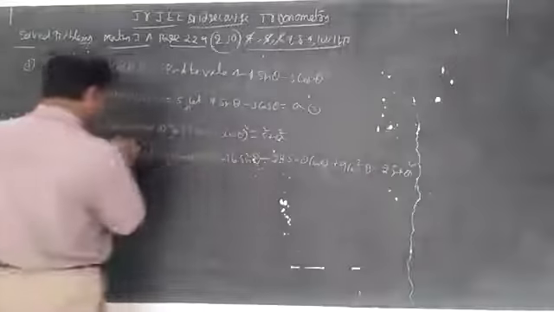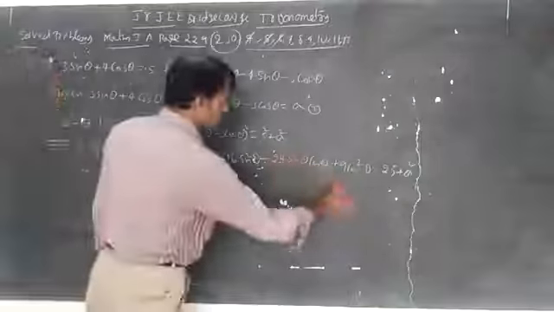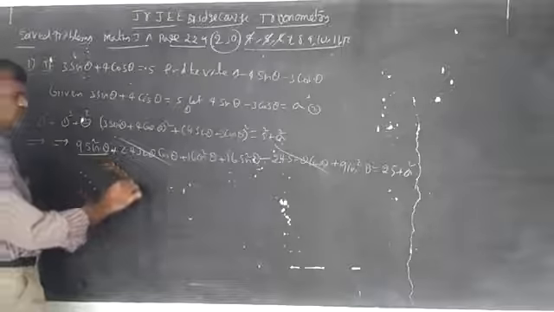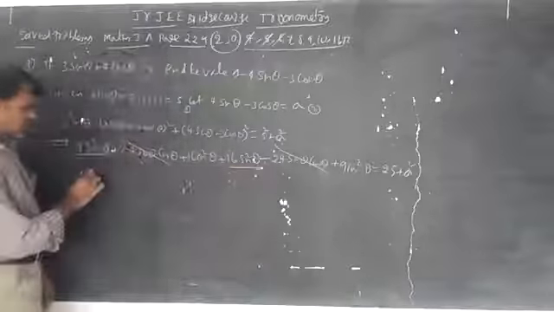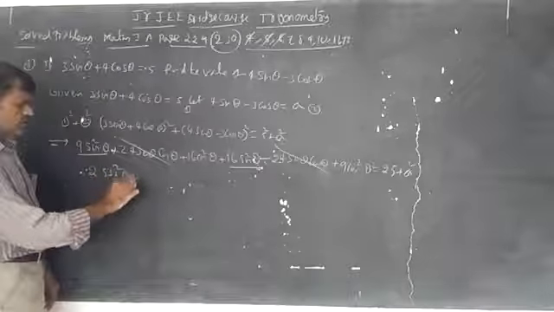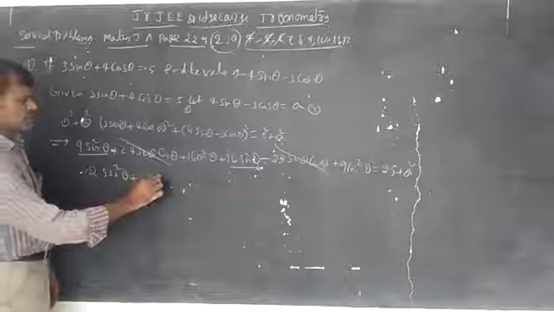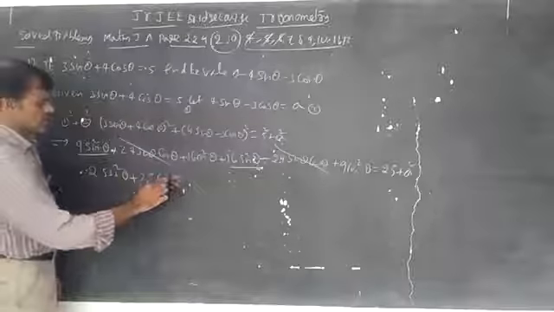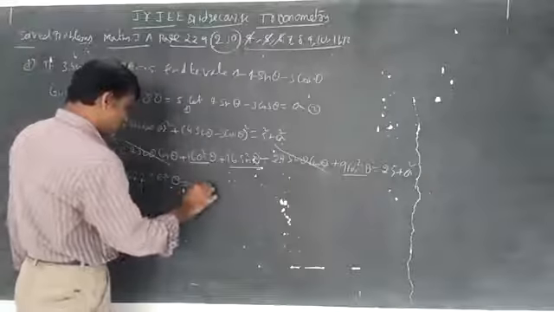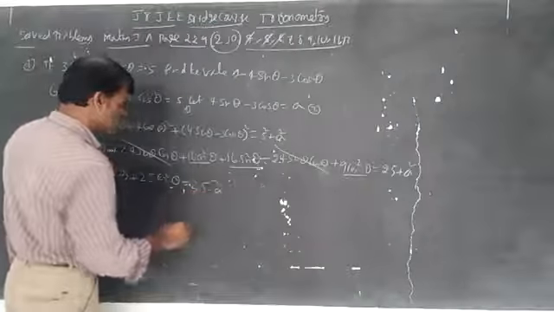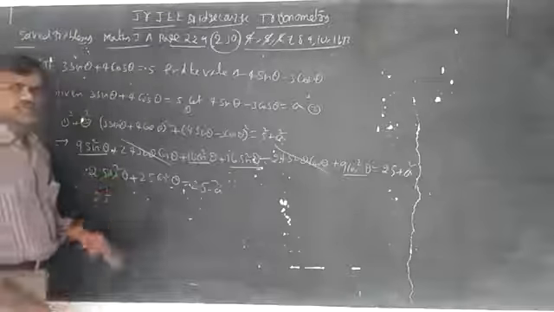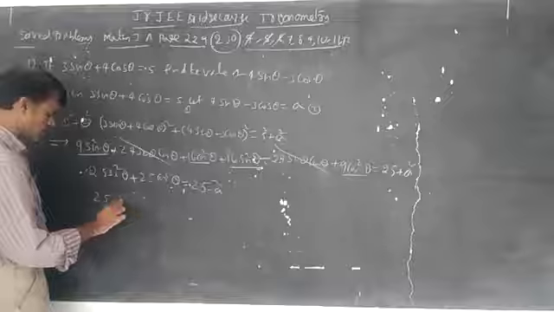Now you can understand plus 24 sin theta cos theta and minus 24 sin theta cos theta will get cancelled. 9 sin square theta plus 16 sin square theta, you can write 25 sin square theta, and in the similar way you get 25 cos square theta, equal to 25 plus A square. So this is nothing but 25, because sin square theta plus cos square theta is equal to 1.